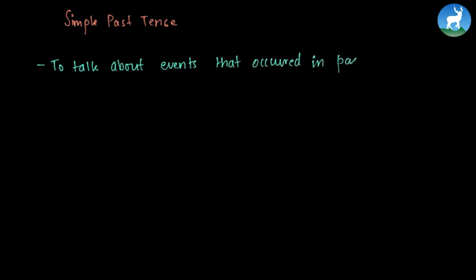Any sentence can be converted in simple past tense to talk about events that occurred in the past. For example, I ate a lot of chicken. So you're talking about the past, that you ate a lot of chicken.